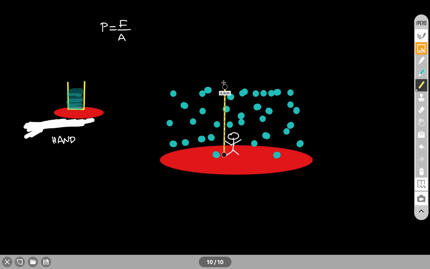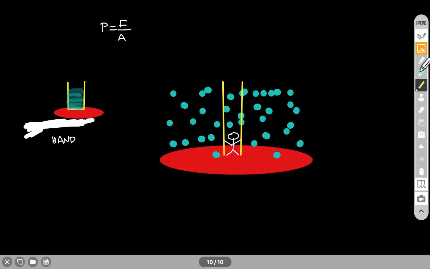If you take an imaginary part of that space here, it is this person that is supporting the weight of all the air molecules that are present in this space above the shoulders and the head of the person. All of this fluid, because air is a fluid, is supported where it is by the person. It's the person that is keeping the fluid from going downwards.